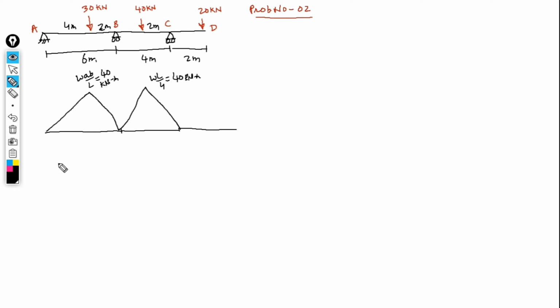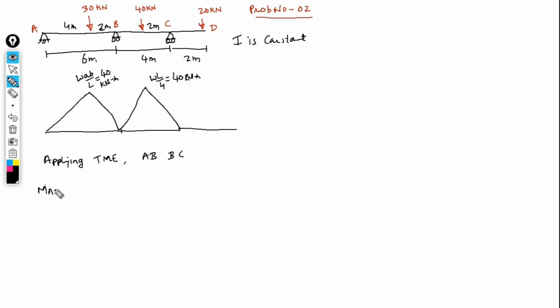Now you apply three-moment equation to span AB, BC, and you see moment of inertia is constant. We will assume that I is constant throughout the continuous beam.